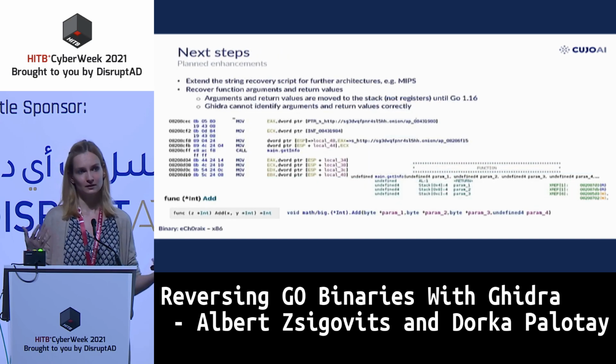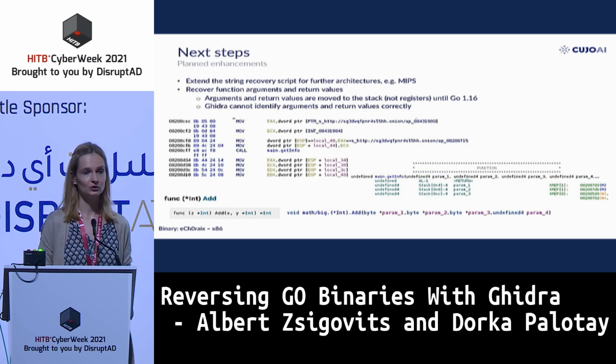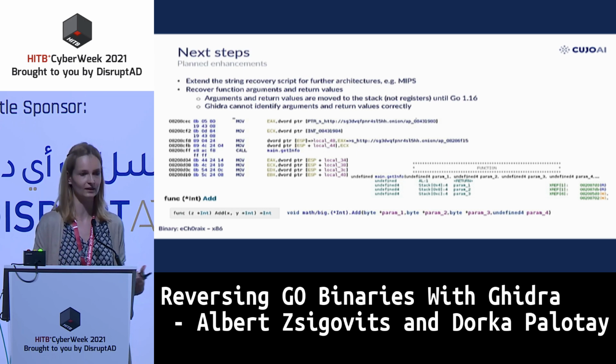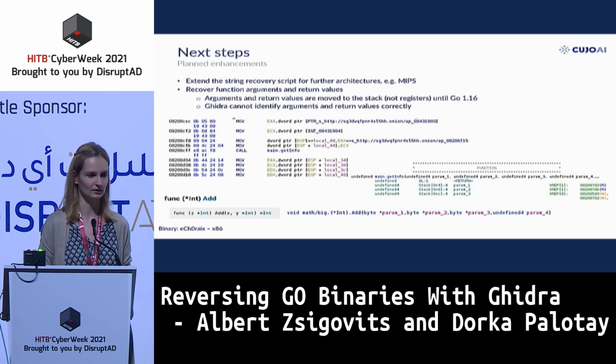Basically, these were the two topics that I wanted to discuss today, and I just want to introduce some of the next steps. Working on string recovery is continuous work, for new architectures, for new versions of Ghidra, for whatever, that's something we have to consider.